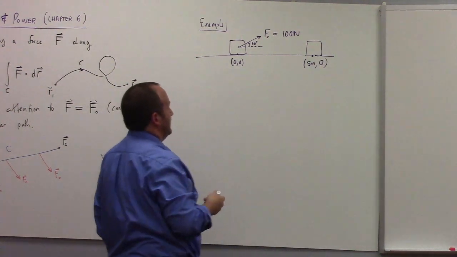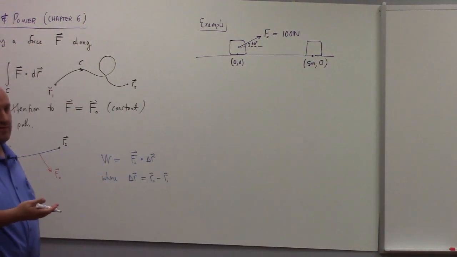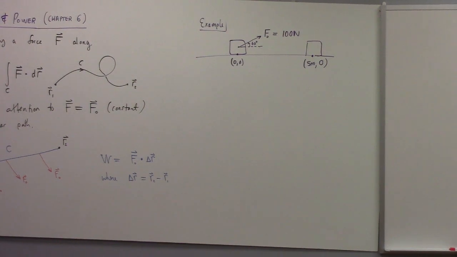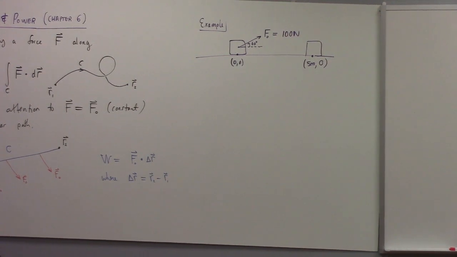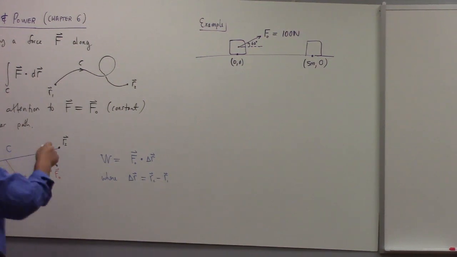So the question I have is, if that constant force of 100 newtons at 60 degrees above the horizontal is pulling the box from 0, 0 to 5 meters, comma 0, how much work does this force do on the box? So we're looking at a linear path.